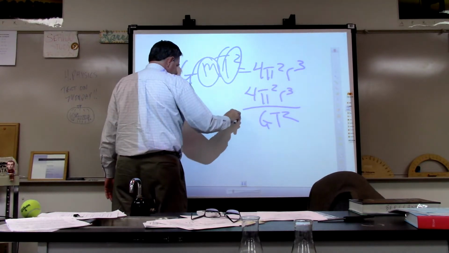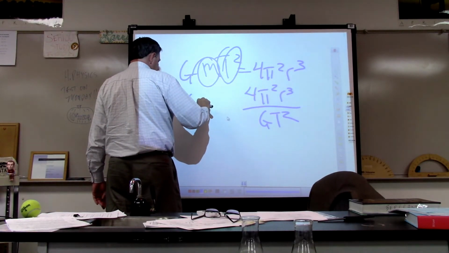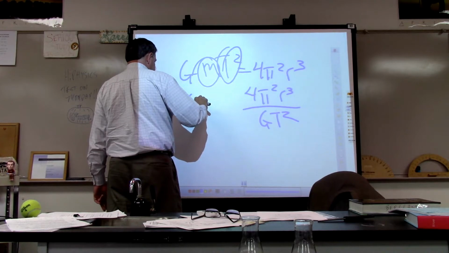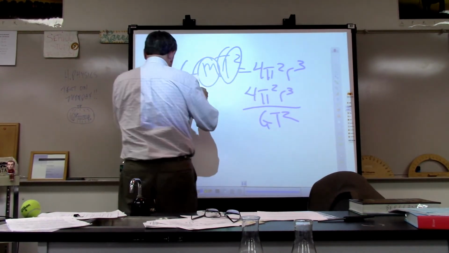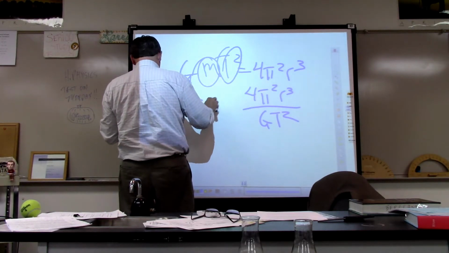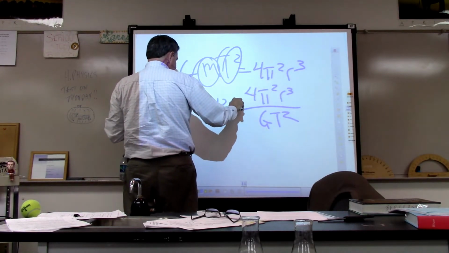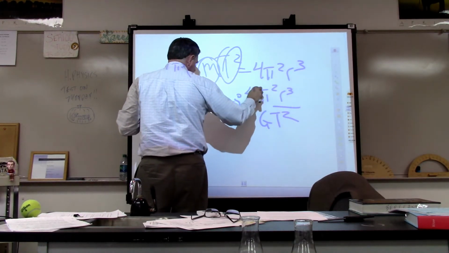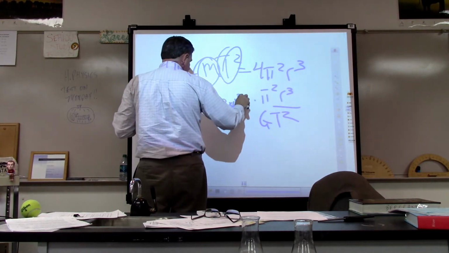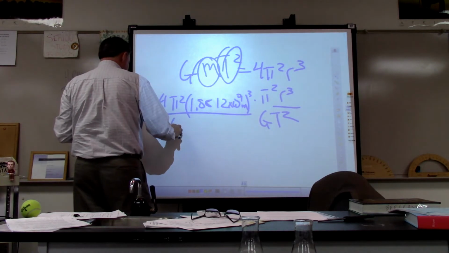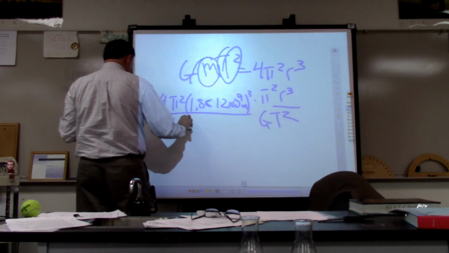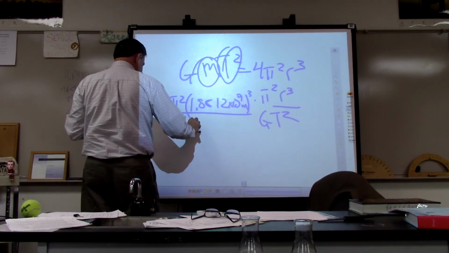What's the orbital radius of Callisto? 1.8812 times 10 to the 9 meters, and then that's going to get cubed. And then I've got big G.